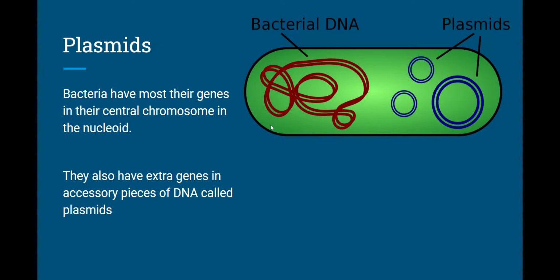So as I mentioned earlier, bacteria have plasmids, which are accessory or extra genes that are separate from their main genome in the nucleoid. And these are smaller loops that just maybe have a few genes encoded on them instead of all the genes. And a lot of times these plasmids give a bacteria extra abilities that they may not have originally had, or they come from outside sources, not their original binary fission material.